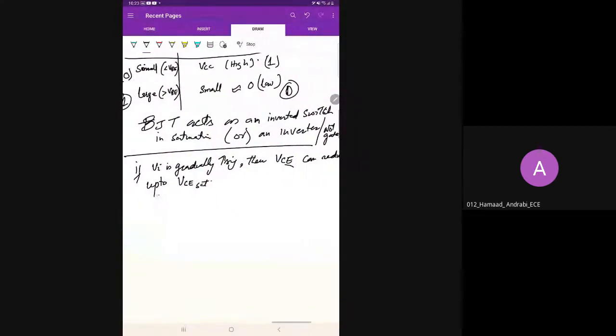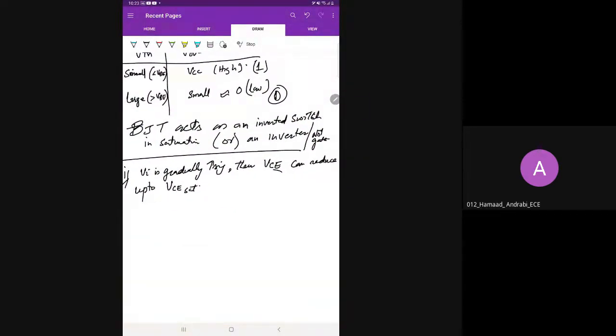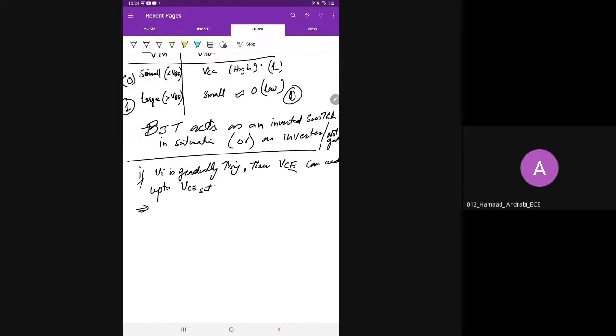So I'm just summarizing that if V input is gradually increasing, then VCE can reduce up to VCE saturation, and VCE saturation is the lowest value of VCE. Typically, it is nearly zero. When transistor is in saturation, then VCE is nearly zero, and we can say that transistor acts as a short circuit. So what is VCE saturation?